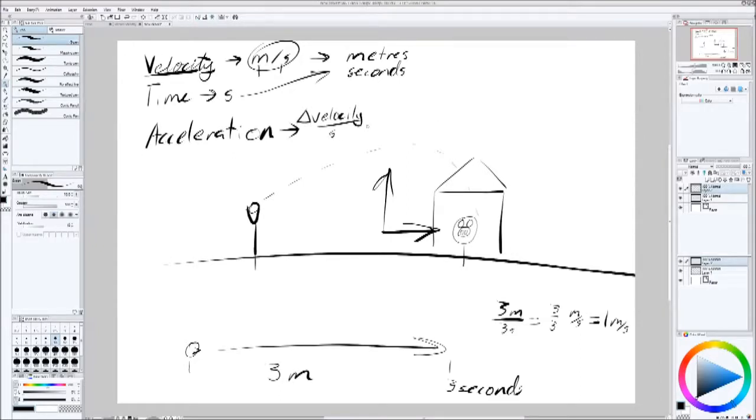So change in velocity over seconds, which is the same as change in meters per second, all over seconds. And when you have a fraction divided by something, let's say we have 1/4 divided by 4, that's the exact same as 1/4 times 1/4.